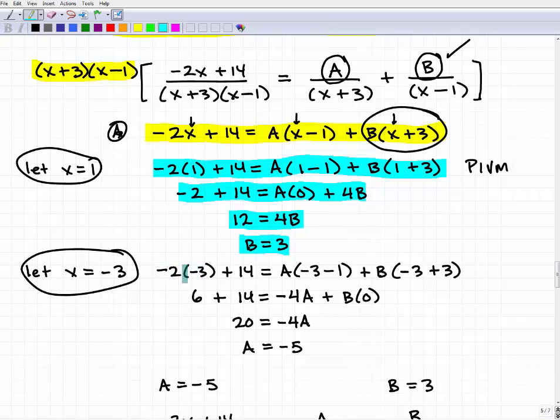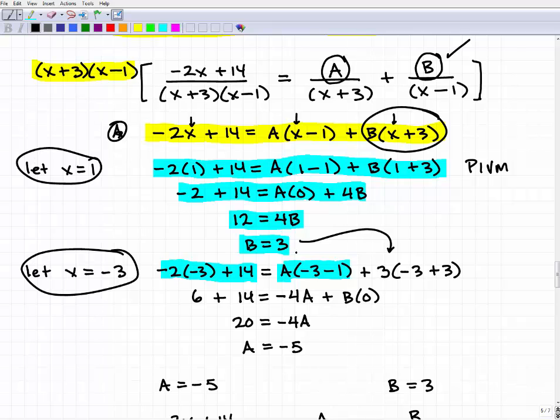So I have 2 times negative 3 plus 14 equals a, putting in the negative 3 wherever there's an x. Now at this point I want to show you something. You see this b right there? Let's erase that b actually. I should have had that written in advance: now that we got that b is equal to 3, we're going to actually write 3 there.